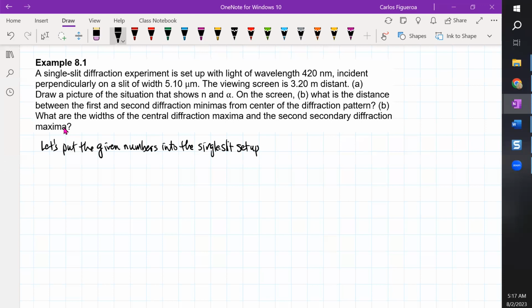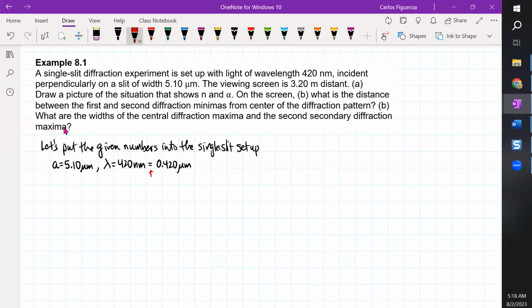So from the question, a is equal to 5.10 microns. The wavelength is 420 nanometers, but usually it's not written in terms of nanometers, it's written in terms of microns. So if I move this over 3 decimal points, I get 0.420 microns.